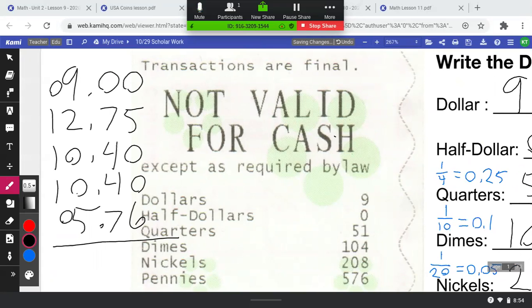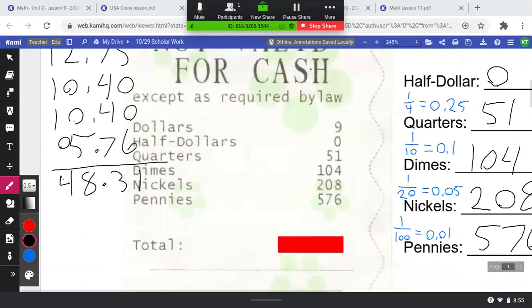So 5 plus 6. Our total amount is $48.31. Hey, not bad. Taking Uber home tonight.